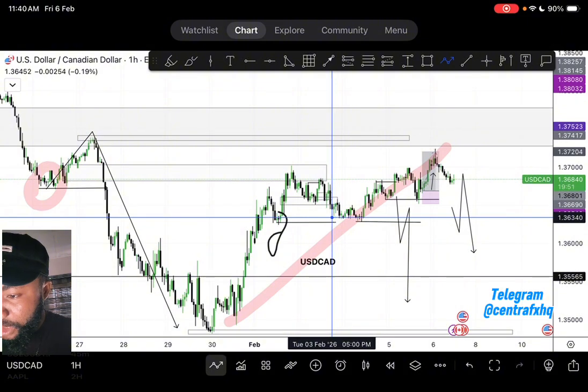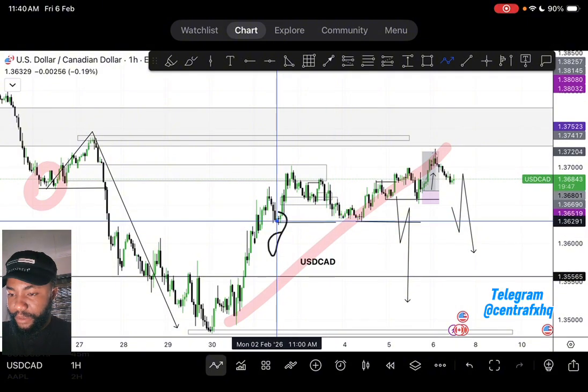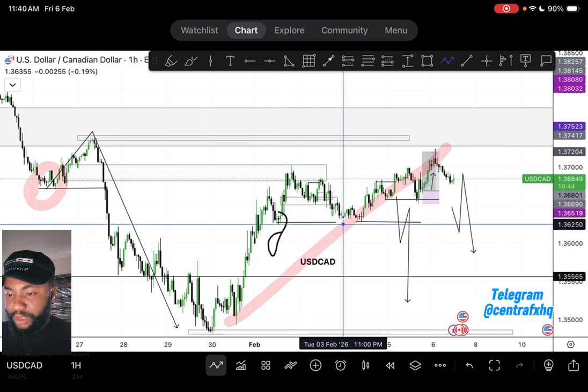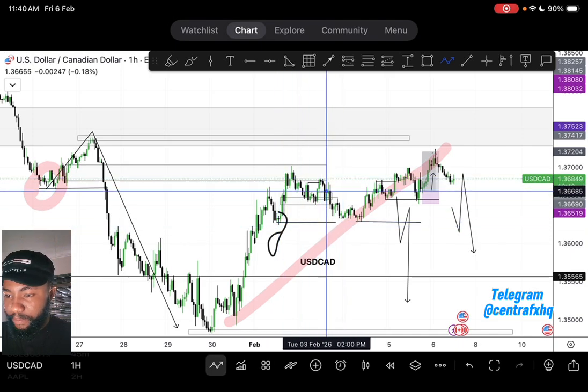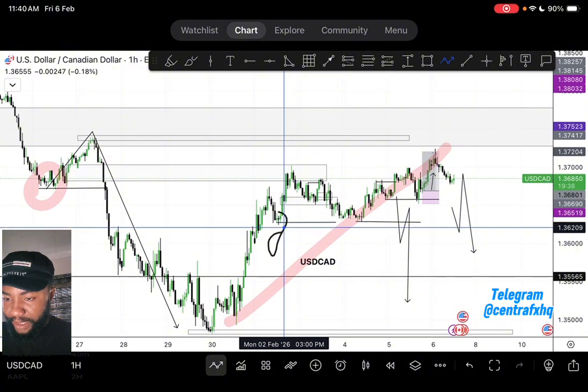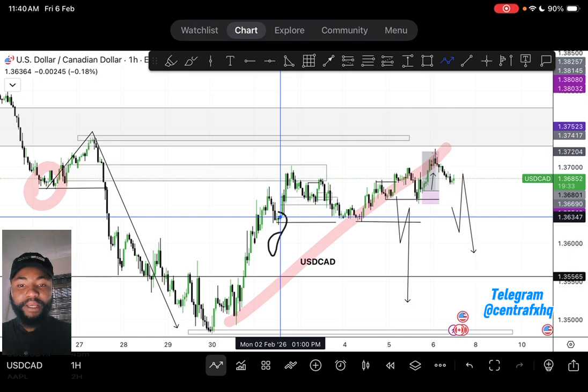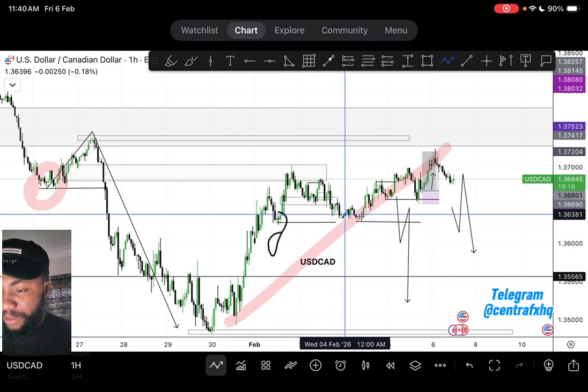Eventually price wasn't able to take out this low, so price was just trending downward. I was expecting price to take out this higher low. If price would take out this higher low, it means we are going to start looking for sell opportunities, because the internal structure has aligned with the external structure, which is the overall flow, which is bearish.